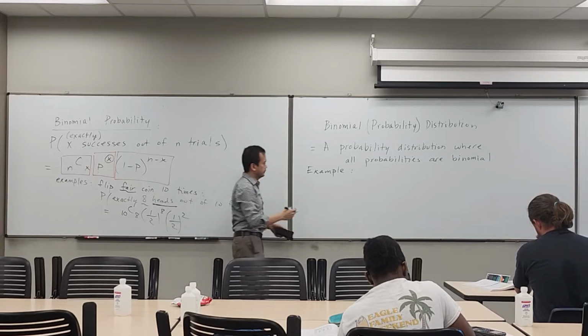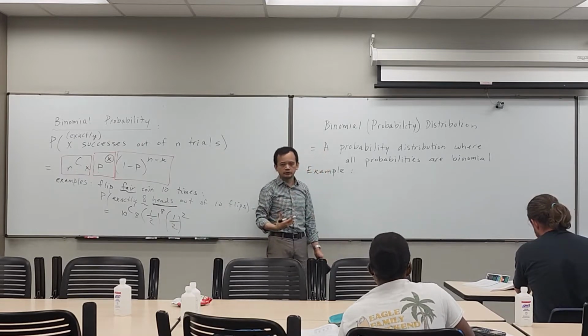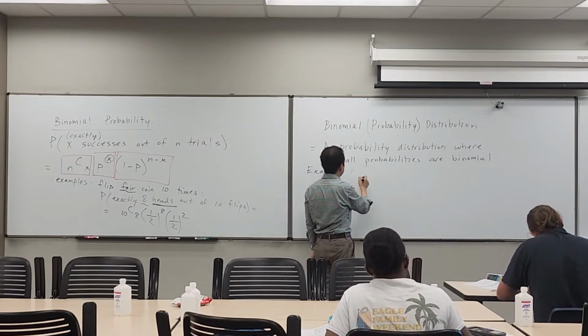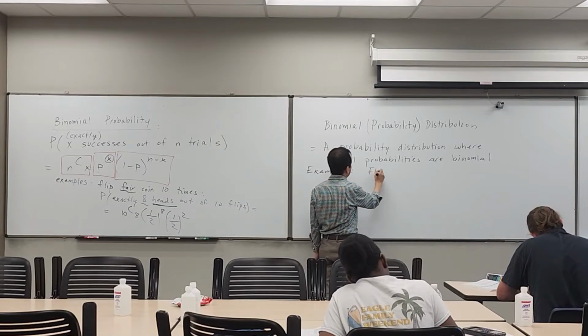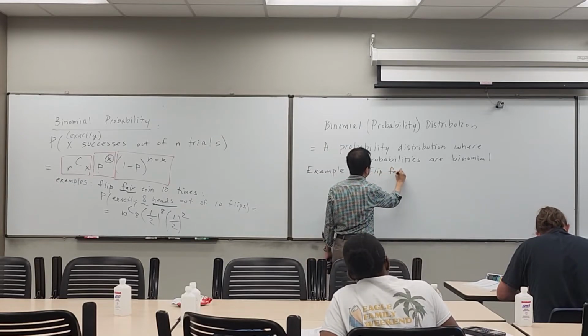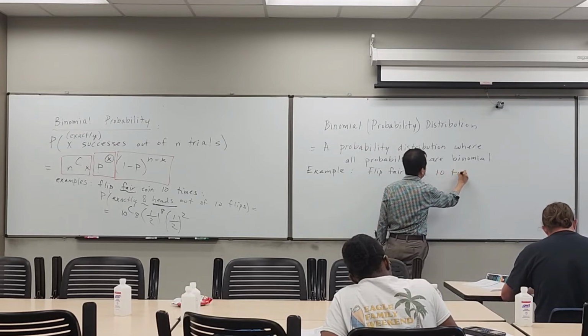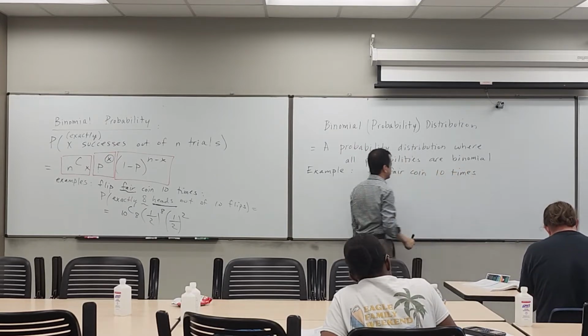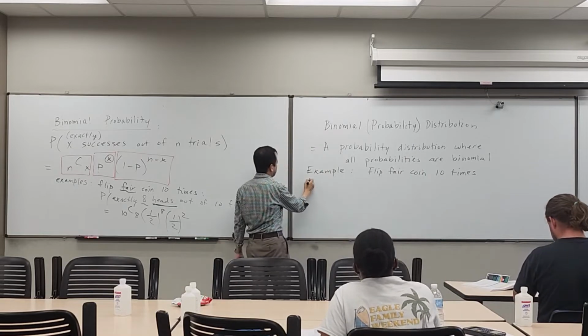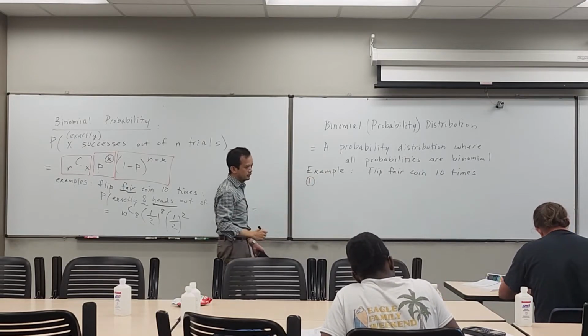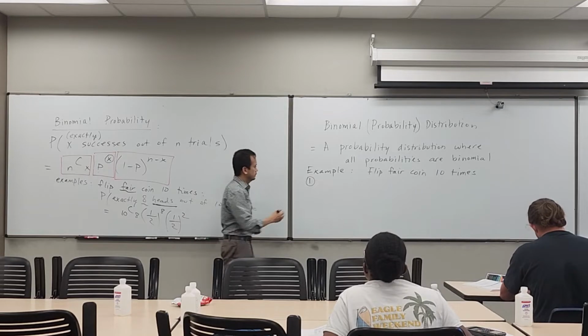So let's go back to the case of flipping a fair coin 10 times. So let's say that you flip a fair coin 10 times. And the first exercise is, let's construct a probability distribution.